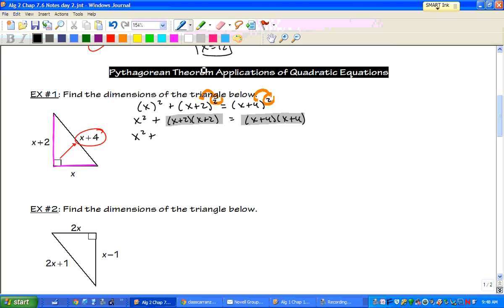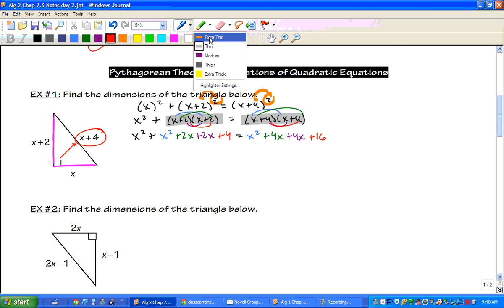So we get x squared plus 2x plus 2x plus 4. Alright, we did it once, but we got to do it again. x squared plus 4x plus 4x plus 16.